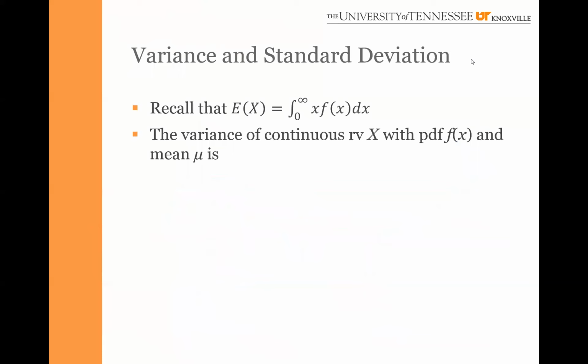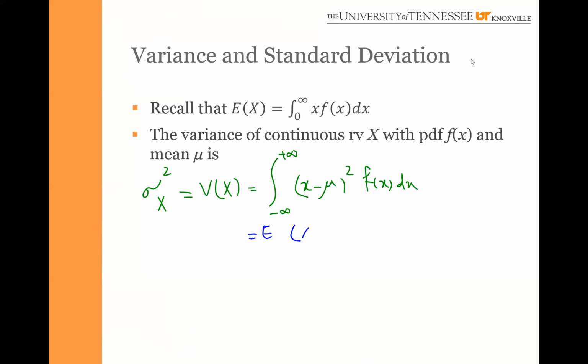The variance of a distribution, we show it with sigma squared, for that random variable of interest, or variance of x. And we can calculate it by the integral of x minus mu squared times f(x) dx, let's say from minus infinity to plus infinity. Or we can show it with the sum of p of x times x minus mu squared.